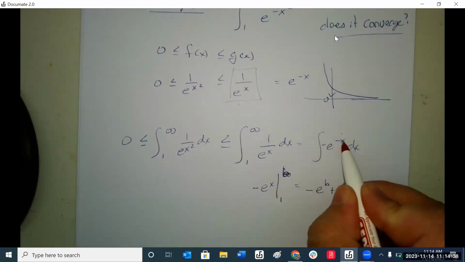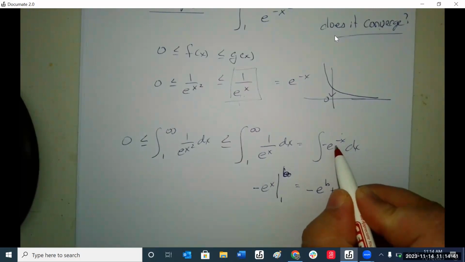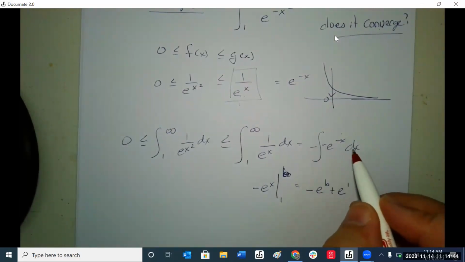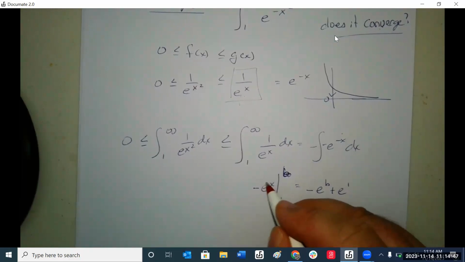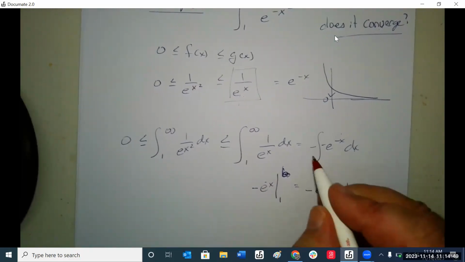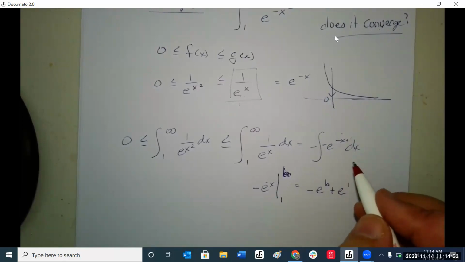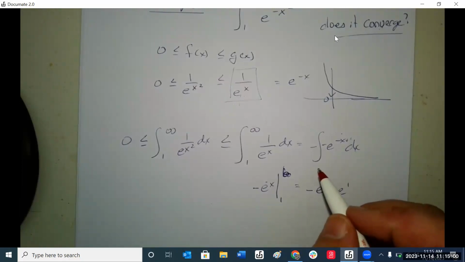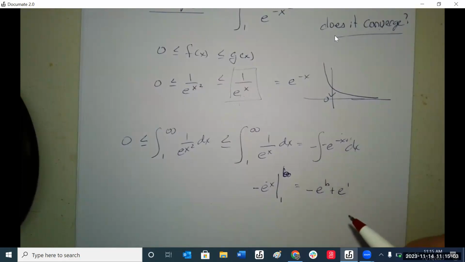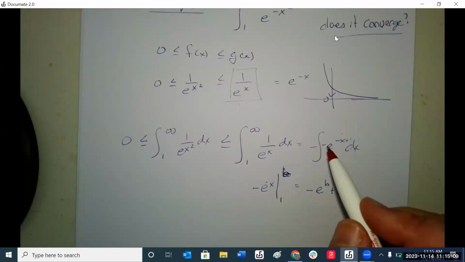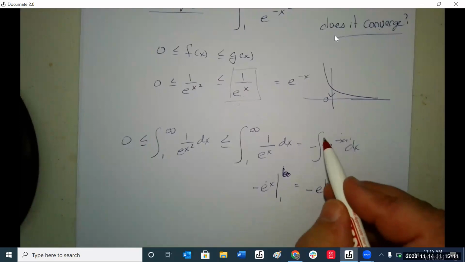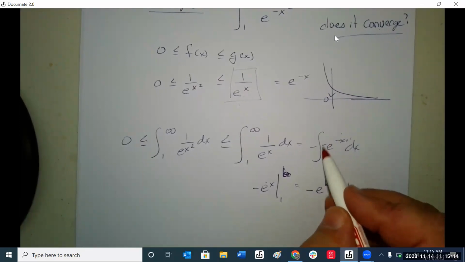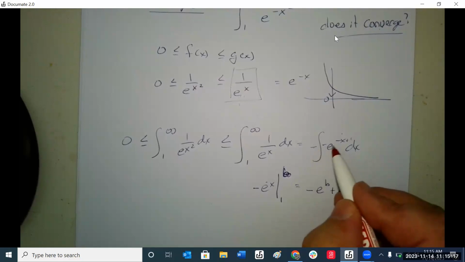The derivative of e to the negative x, so I have to have a negative out in front. Yeah, so we have to have a negative there.